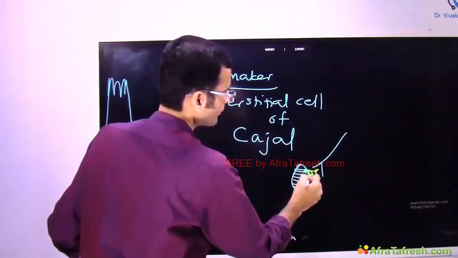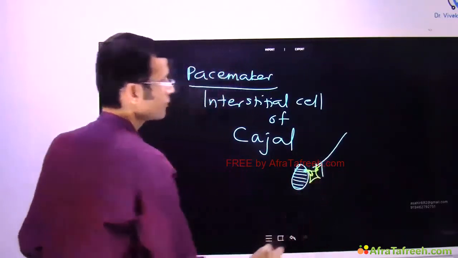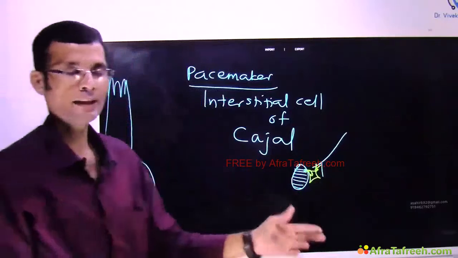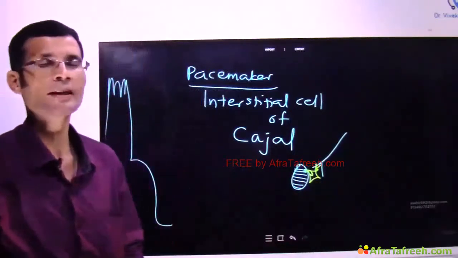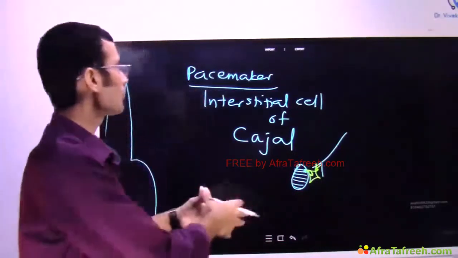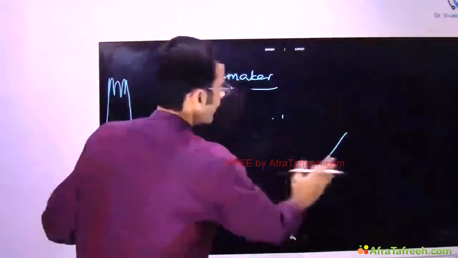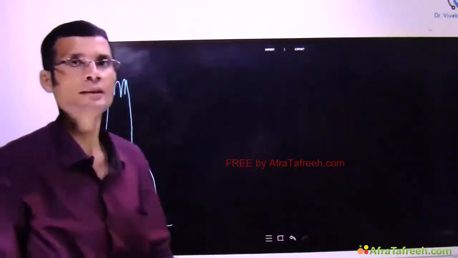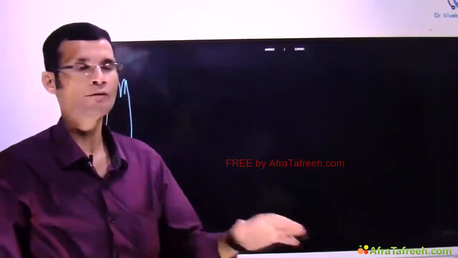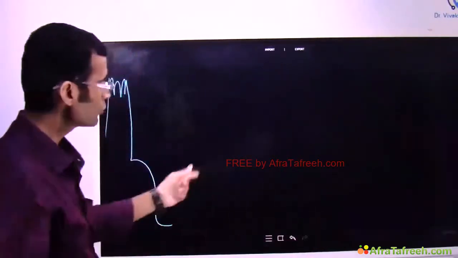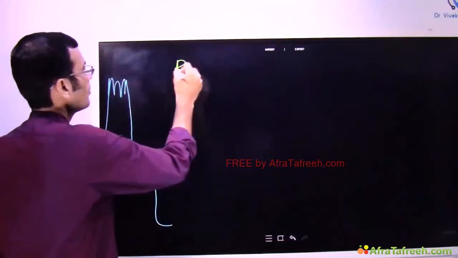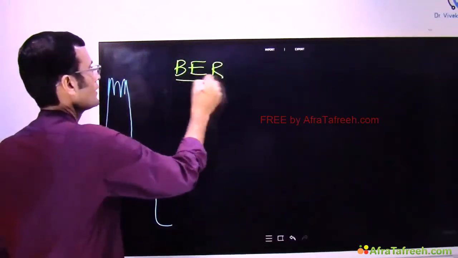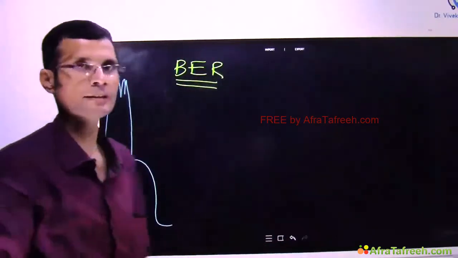It synapses with the smooth muscle and with the neuron of the enteric nervous system, and this cell is said to be the pacemaker in the digestive tract. Now this electrical activity occurs with a certain frequency, and that frequency also differs in different parts. So it's called the BER, the basal electrical rhythm in the digestive tract.